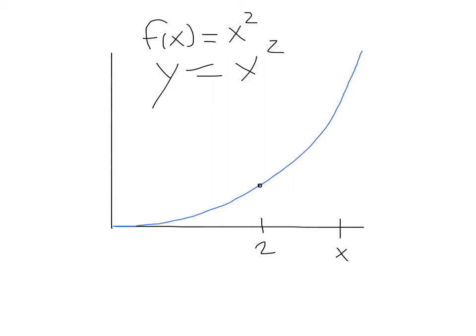So what we're going to do is find the slope of the tangent line right at x equals 2. And how we're going to do this is we're going to imagine a variable x on the x-axis, and we're going to find the slope of the chord that goes between these two, our variable x and the point where we're going to actually find the tangent line right at x equals 2.